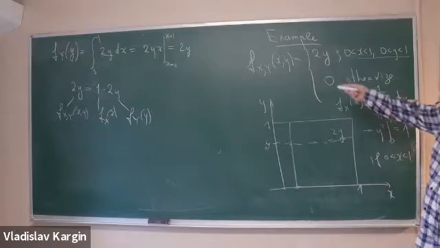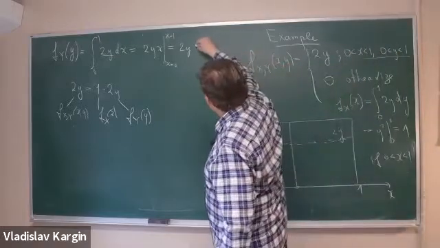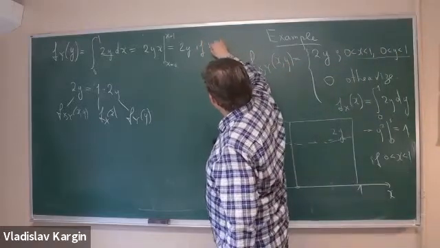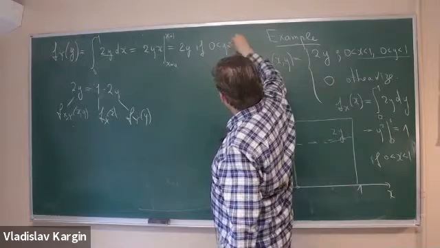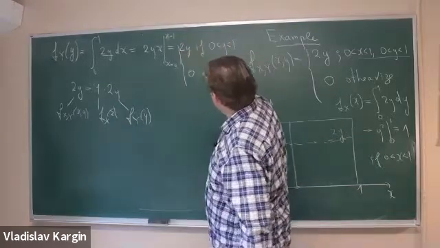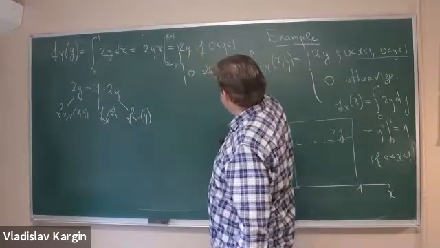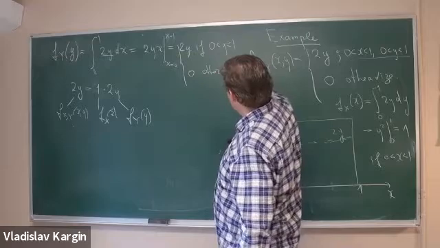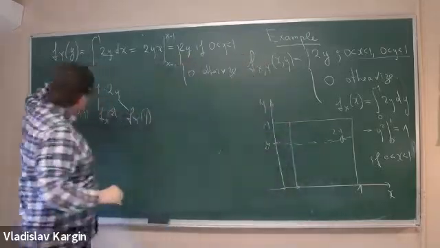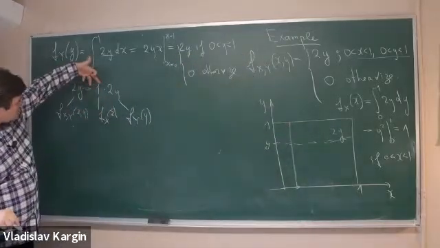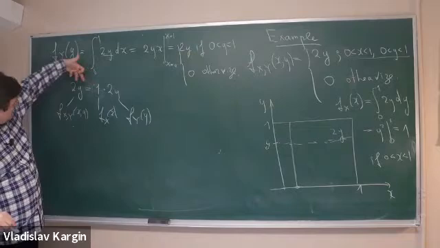And the same here: this is equal to 2y if 0 smaller than y smaller than 1, and 0 otherwise. And so when we looked at this product, we said 1 multiplied by 2y is equal to 2y.